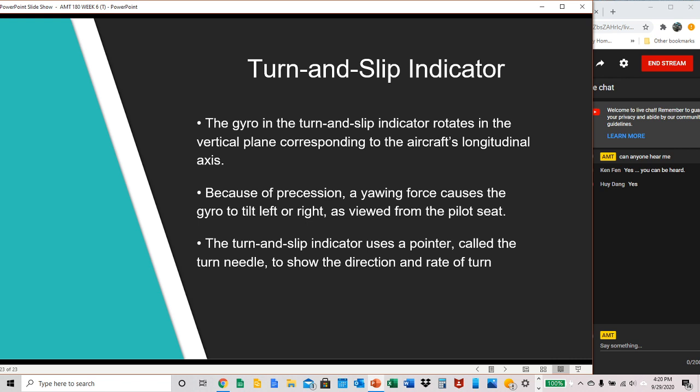So for now, just keep in mind that the gyro in the turn and slip indicator rotates in the vertical plane corresponding to the aircraft's longitudinal axis. Because of precession, a yawing force causes the gyro to tilt left or right, as viewed from the pilot seat. The turn and slip indicator uses a pointer called the turn needle to show the direction and rate of turn.